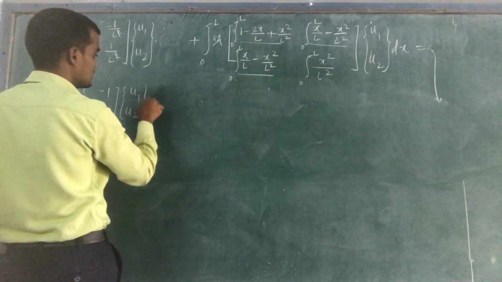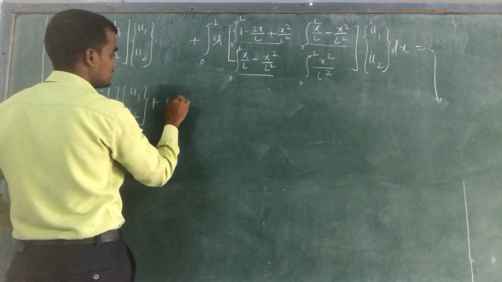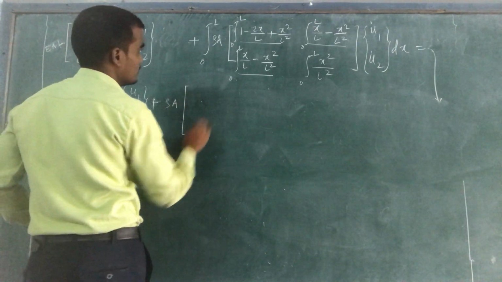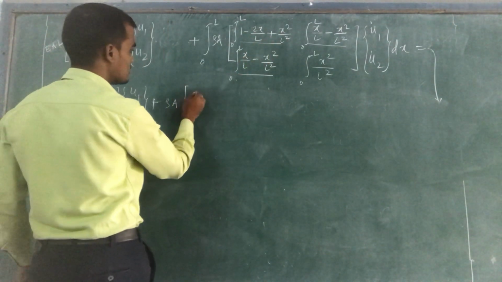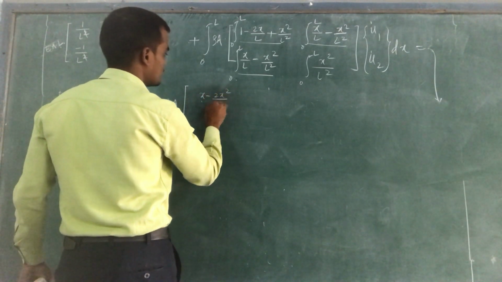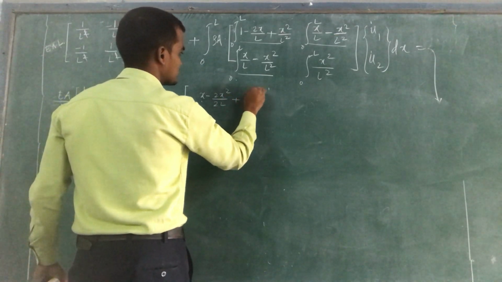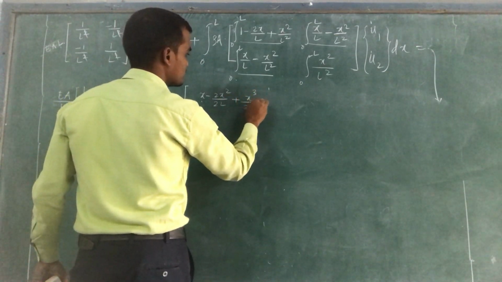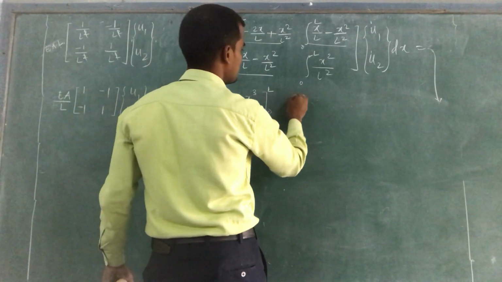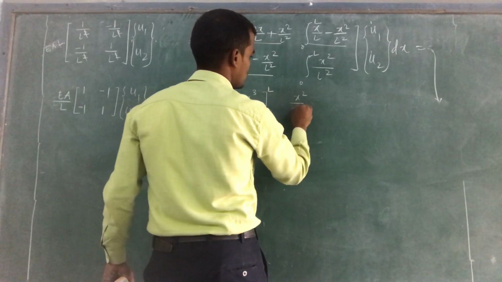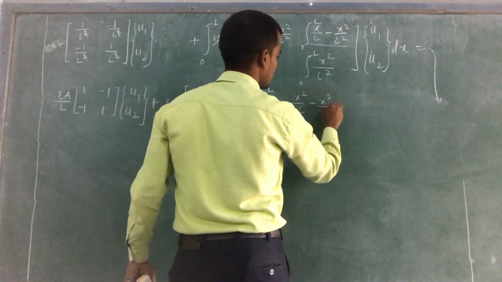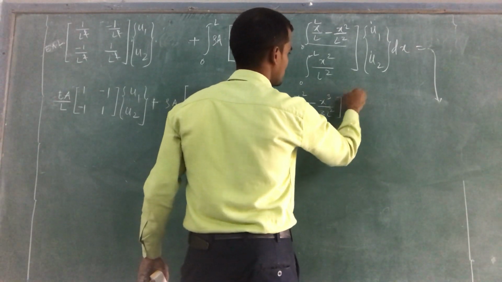So plus this will become rho times A into, now integration of this will become x minus 2x square by 2 times L plus x cube by 3 times L square over limit 0 to L. Then second term, x square by 2 times L minus x cube by 3 times L square over limit 0 to L.